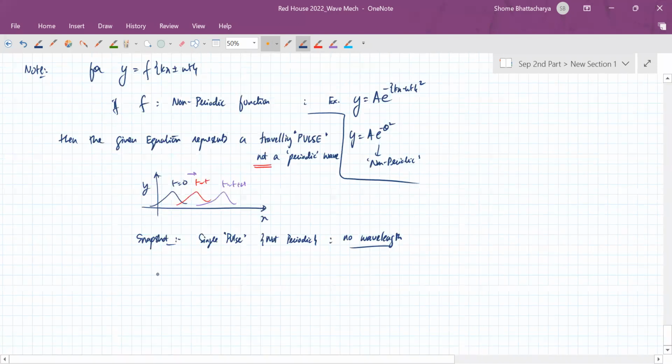And the y versus t for a certain fixed value of x is the equation of a one-time kind of motion. It is not oscillation.